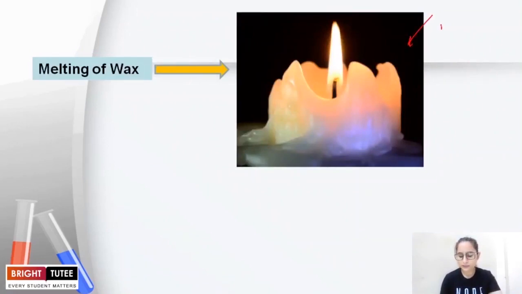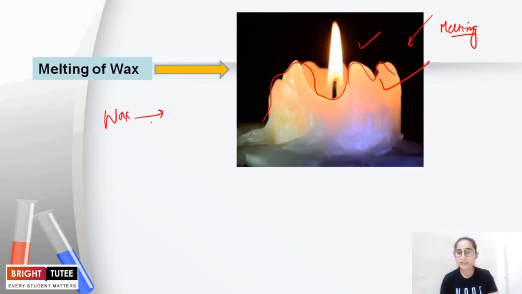Now coming to melting of wax. You know that when a candle burns, the wax melts, right? It is melting. But is there a new substance formed? If wax melts, you have wax. You do not need a candle. You can simply heat the wax and you will obtain the molten wax, right?